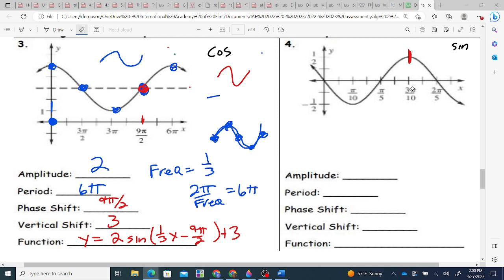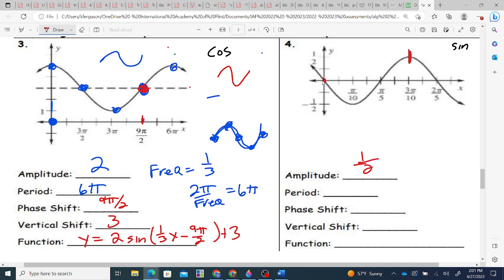So if it moved over that far, let's start putting some stuff in here. What's my amplitude? It's 1/2. It's the distance from the midline to the low point or the midline to the high point. So 1/2. Right?